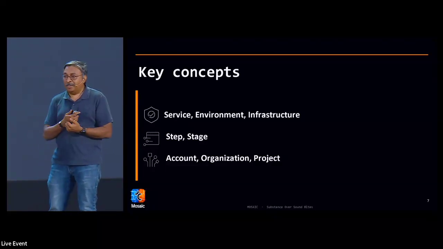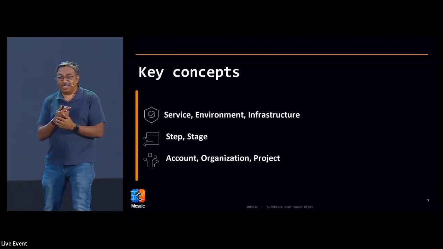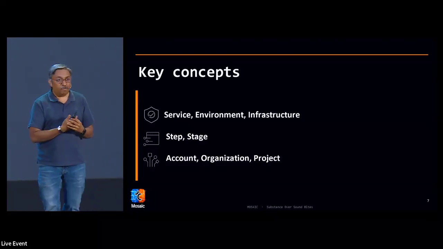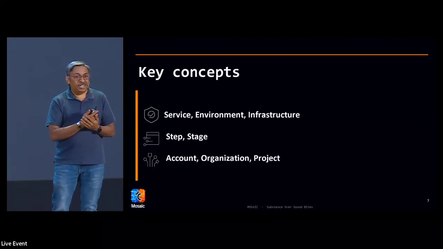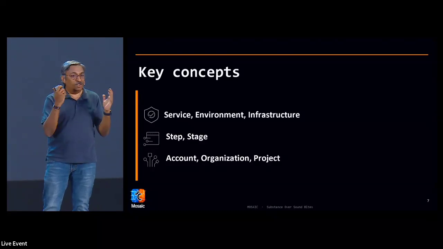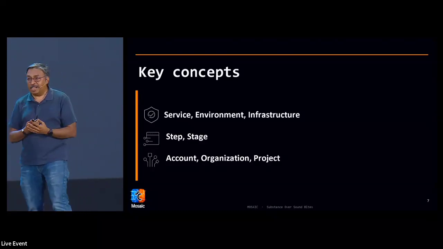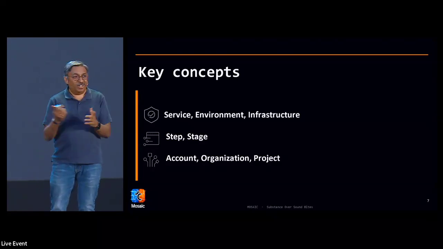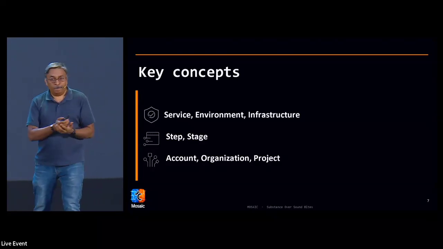So that's very critical. So what are the concepts that Harness got right to start with? The first: service, environment, and infrastructure. These three are very critical to where software delivery is happening. I'm sure I don't have to explain what that is. It's very self-explanatory.